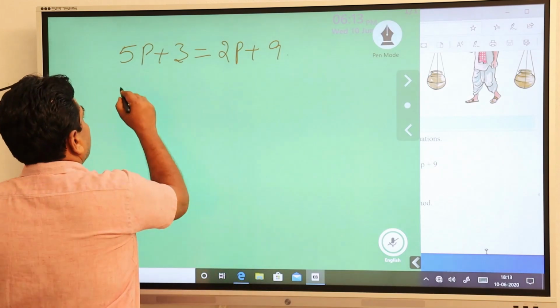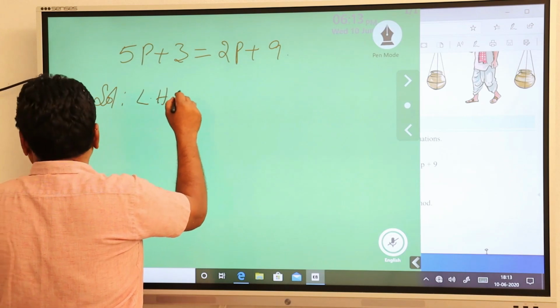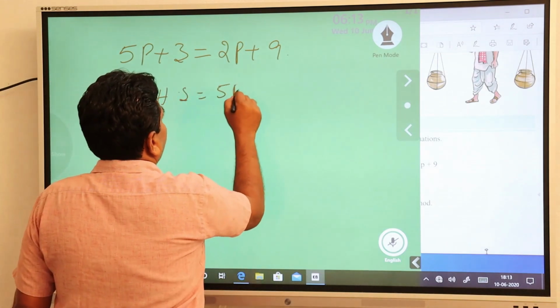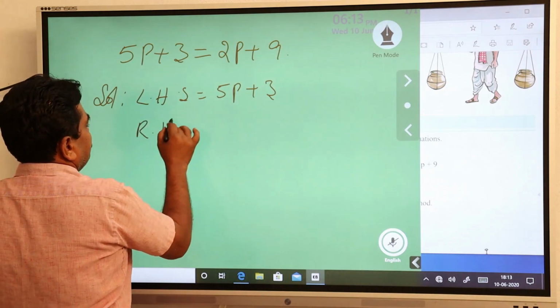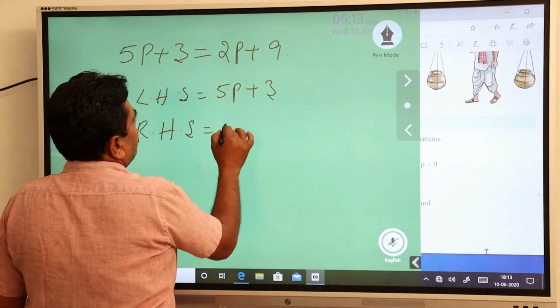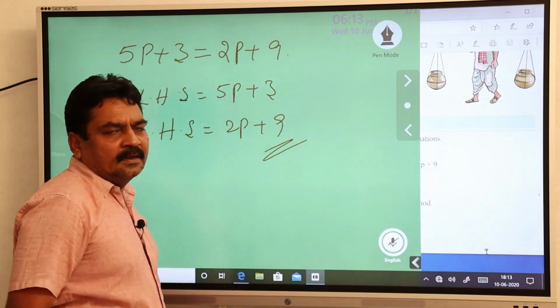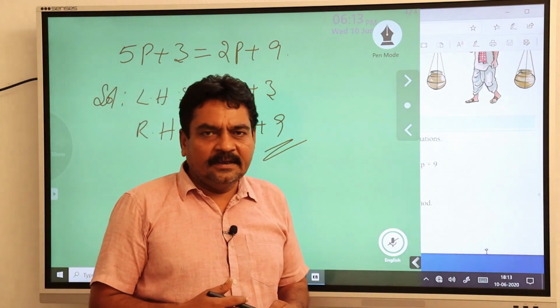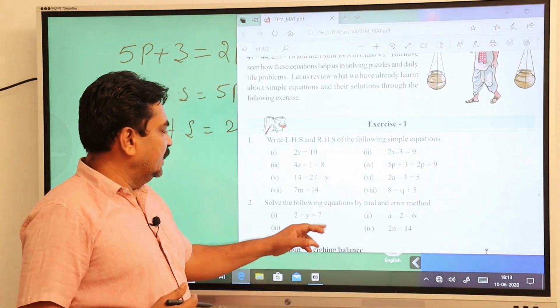So you have to write down just the solution. LHS is equal to 5p plus 3, enough. Then RHS you have 2p plus 9. This is your answer, right? In that way you please try to finish it off. We'll go to the next one.